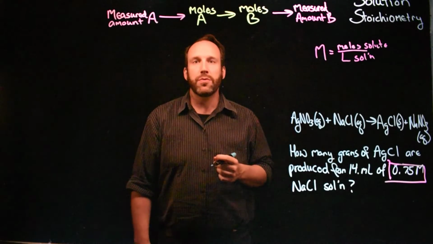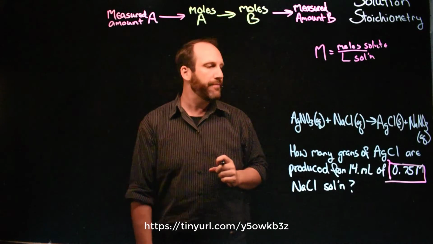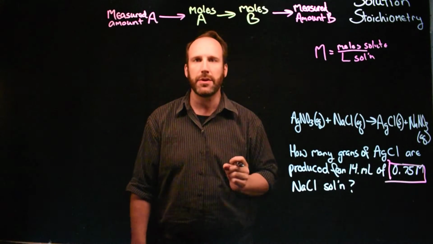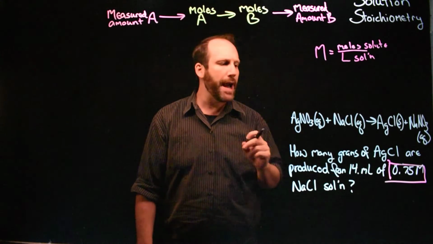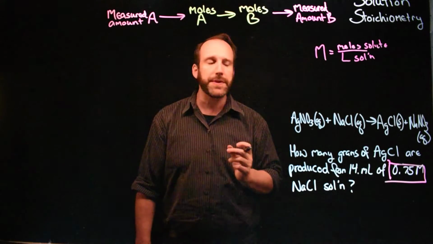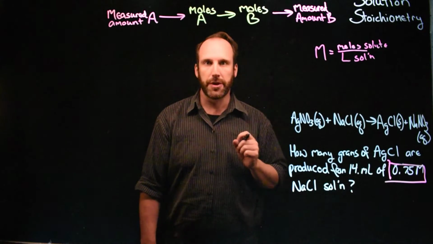All right, so our final question on the worksheet here, again, uses the same reaction. And in fact, this time we're still using the same volume of NaCl solution. It's just this time we're asking how many grams of silver chloride would we produce if we used this volume of this NaCl solution, okay?